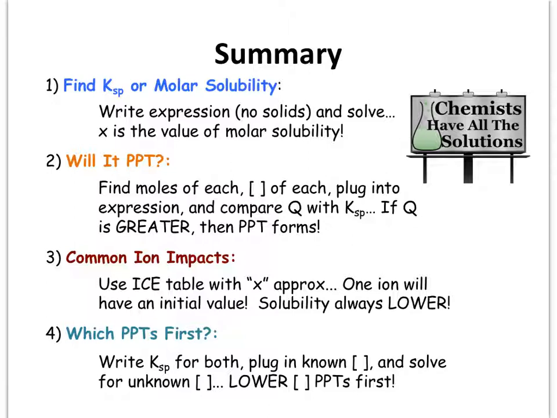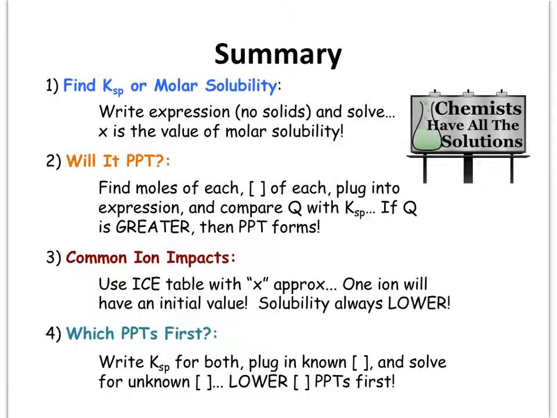They could also ask you if a specific substance will precipitate or not, and there's a specific set of steps that you have to go through for those types of problems. There's also the common ion type problems, where you are mixing a substance that has an ion in common with the substance you're looking at in terms of the solubility.